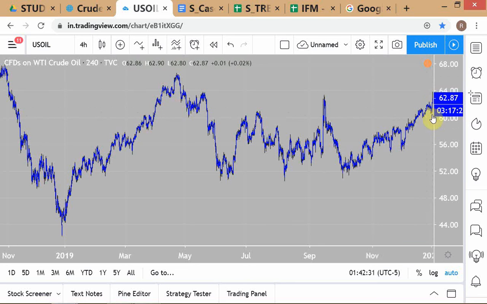Now I have to take a view at some point. I know that I have to buy because my underlying position is short. Now the question is, when do I buy? Now that this very scary fundamental news has come out, the price is also behaving in a scary manner, shooting up, making new highs.